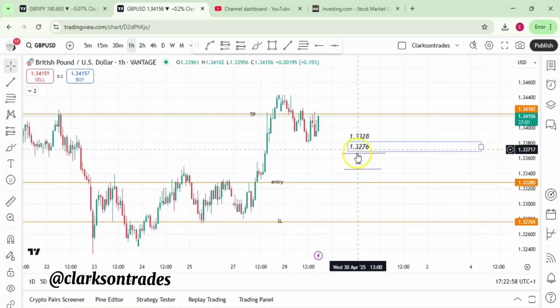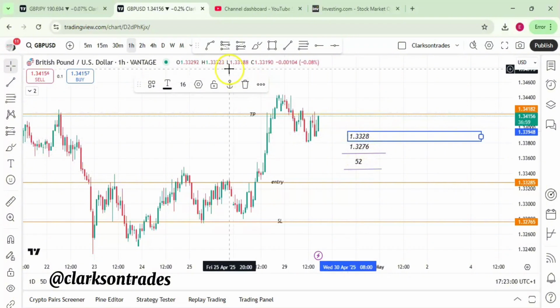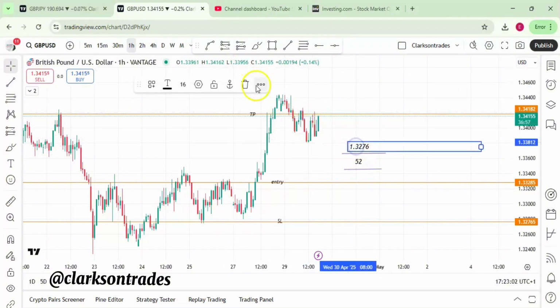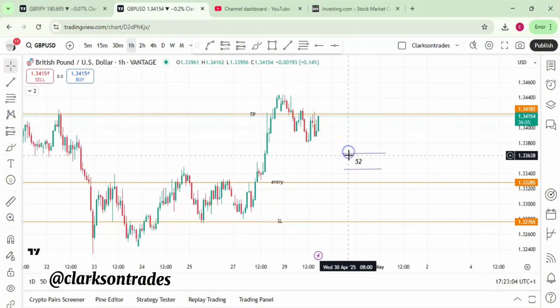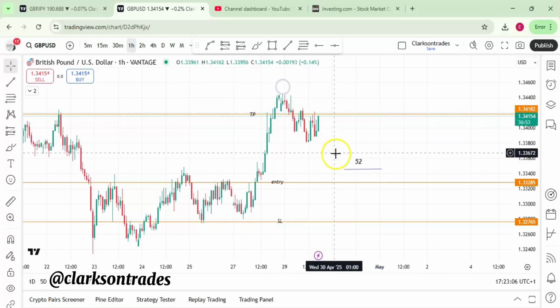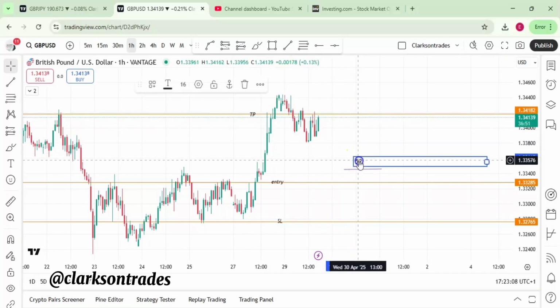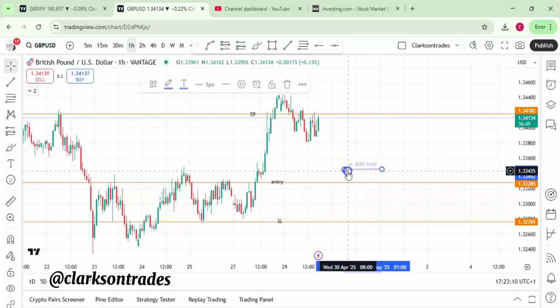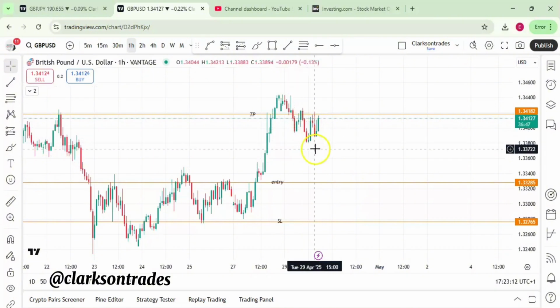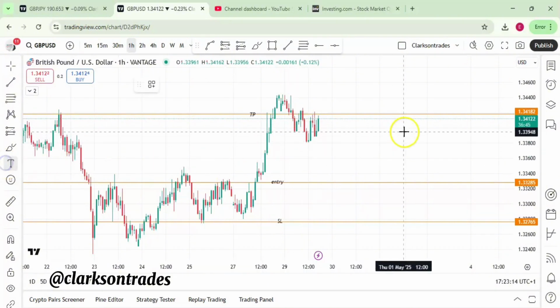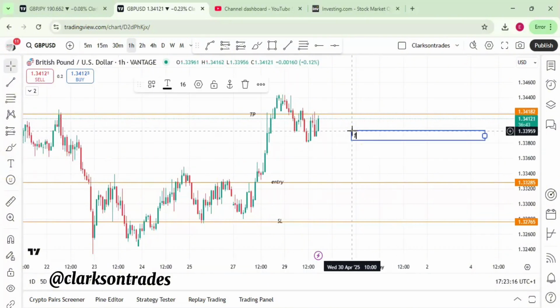And this is for stop loss. Now let's go to take profit. The exact same thing. We are taking our take profit price minus our entry price to get the number of pips. So our take profit price here was 1.34182.